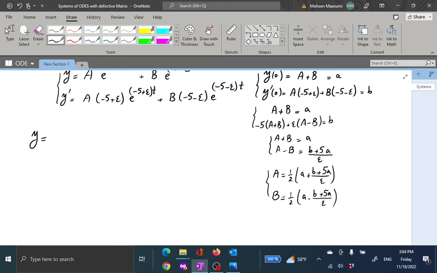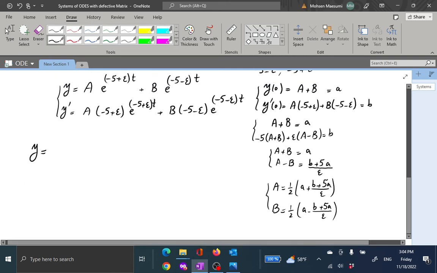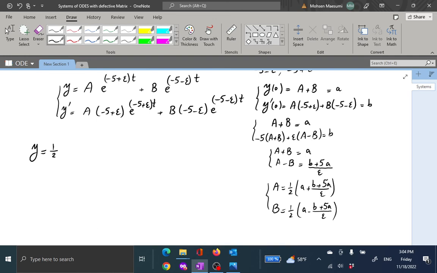So let's write this y: my capital A became 1/2 of a plus b plus 5a divided by epsilon exponential of minus 5 plus epsilon t, and then again 1/2 of a minus b plus 5a over epsilon exponential of minus 5 minus epsilon t.